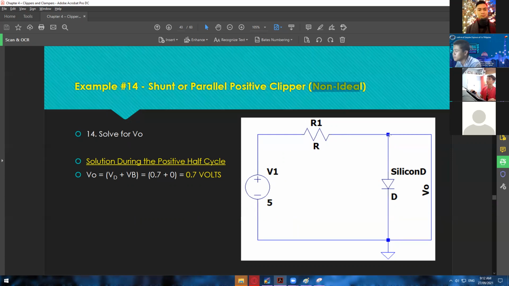But since the reading that we are taking is from this point up to this point, or this complete path right here, we actually have a reading. And that is the voltage consumed by this silicon diode. This one consumes 0.7, so that is why we have a reading of 0.7 volts. Okay, so are we clear with this one?